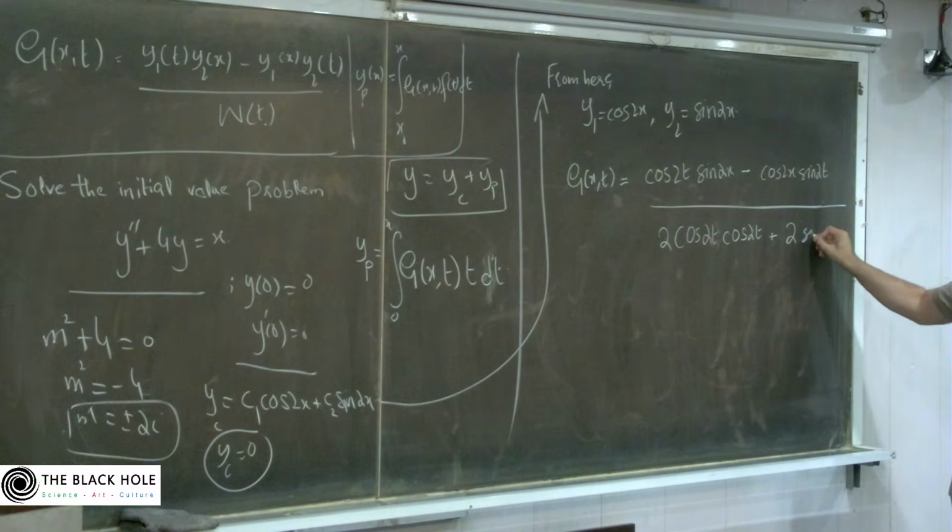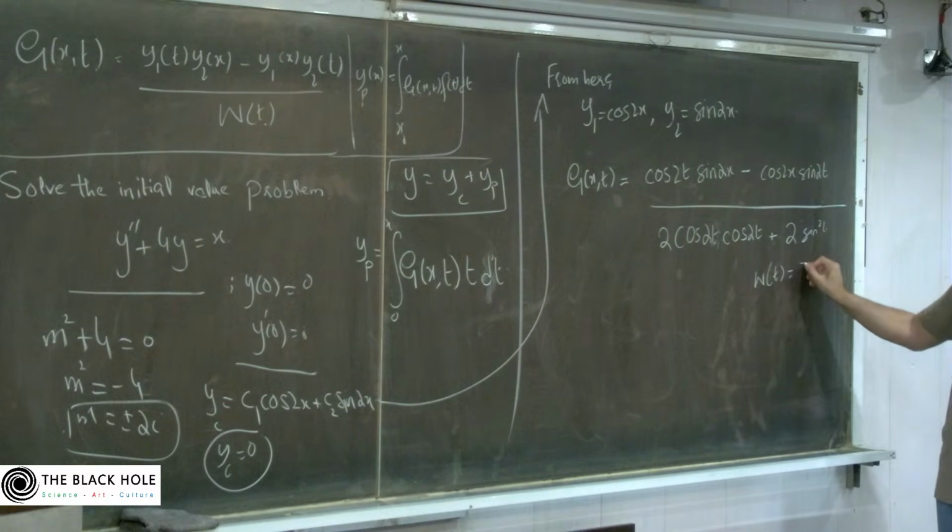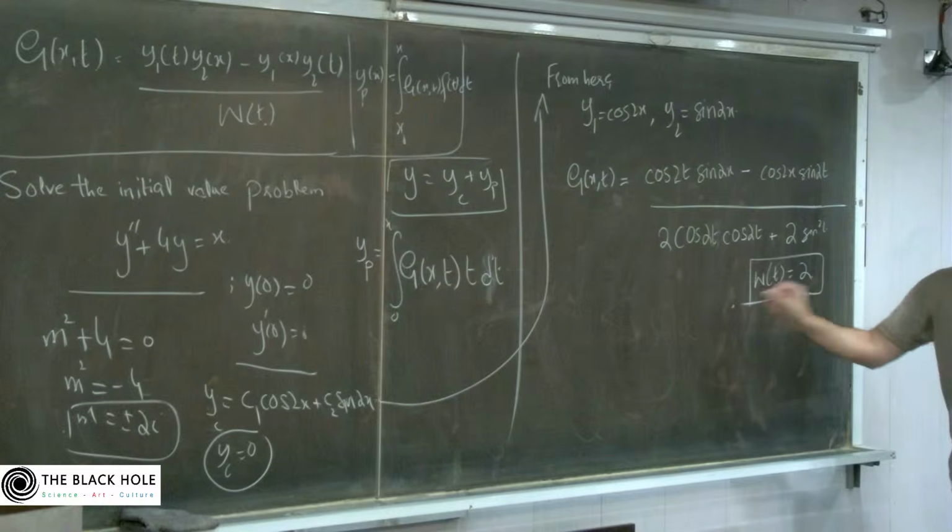So it will be sine square 2t, so it means W of t is equal to 2. Okay?